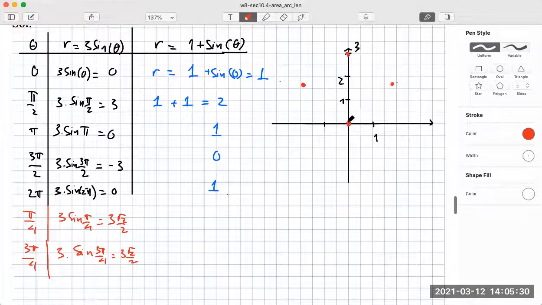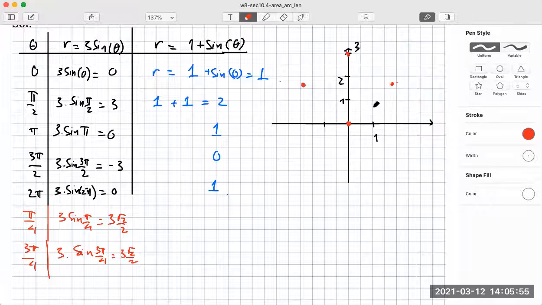Then 3 pi over 2 is this angle right here, and r is -3, so it goes back to this point.